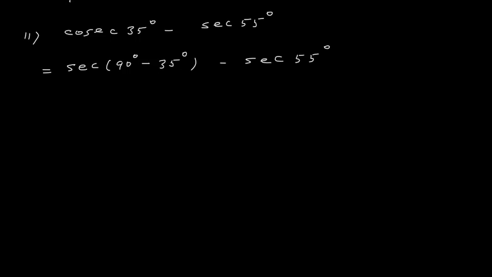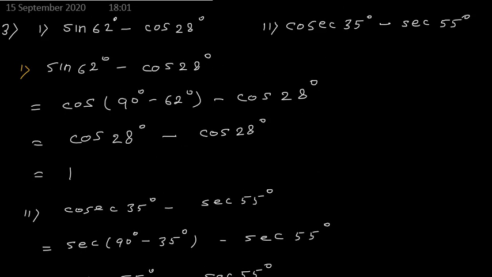So this will become sec 55 degree minus sec 55 degree. They will cancel and you will get the answer 0. In the above problem also, what I have written is incorrect. Cos 28 minus cos 28 is 0. So the result is 0.